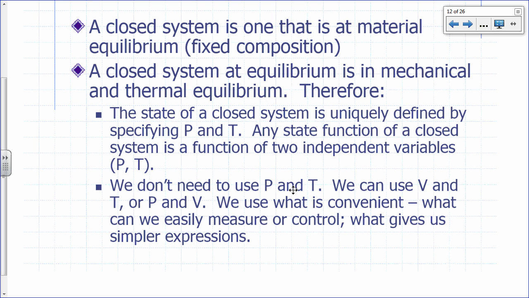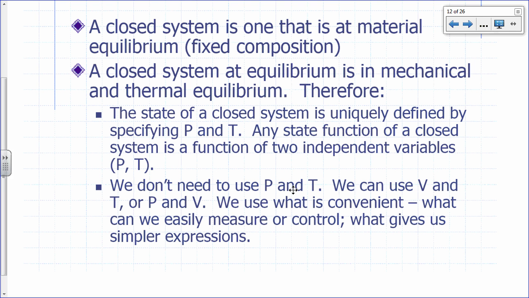So closed system, no phase changes, no chemical changes. Equilibrium. So a closed system in equilibrium would be in mechanical and thermal equilibrium. But if we change the pressure and temperature, then we can change the system, right?